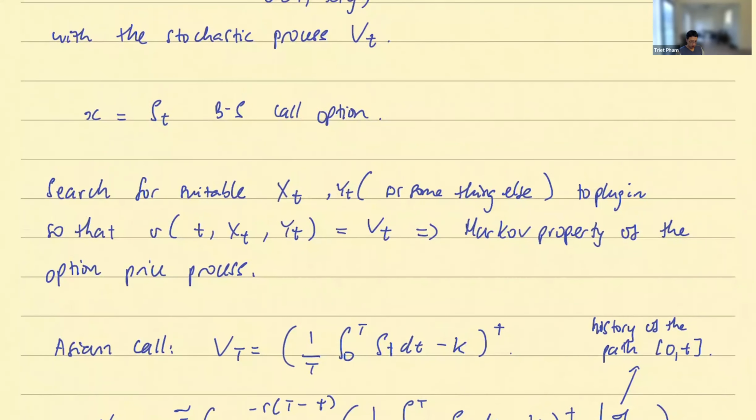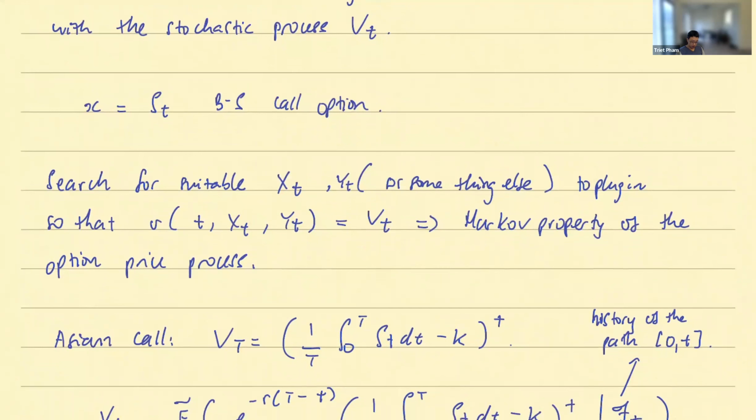Maybe you have to include 5 objects in here to completely capture V at t. But the point is, somehow it's finitely many dependency.